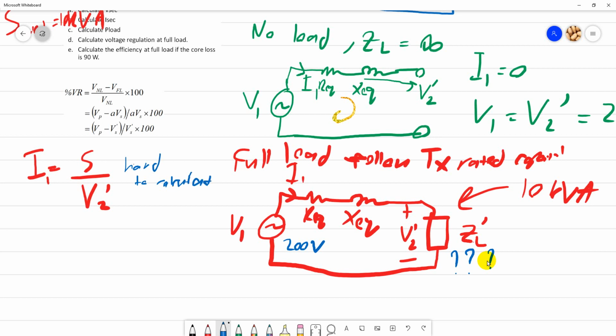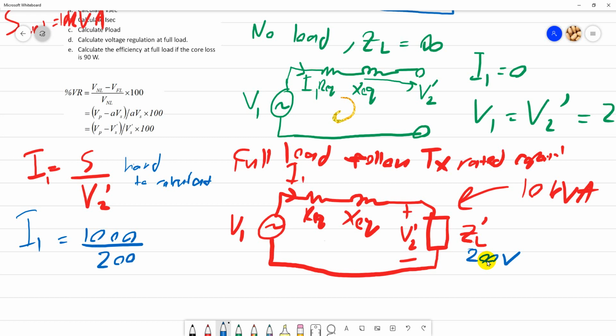And for voltage regulation, it is not important whether we follow the input voltage or not, because we just want to know the difference, then apply it into the equation. So how to solve this easily? Instead of the input being 200, you assume the output is 200. That's it. As a result, you get I1 equals 10 kVA divided by V2 bar, which is 200.